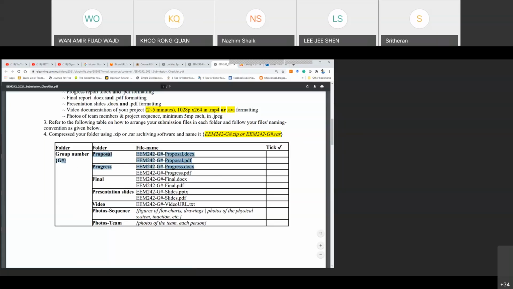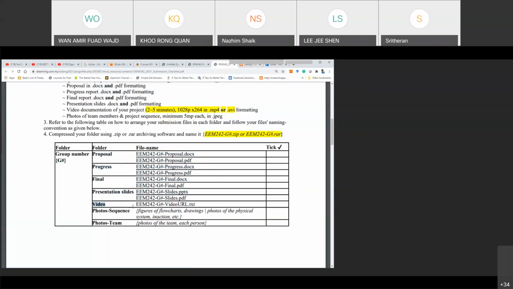And for the video, please do not archive or zip your videos. In the video folder, you name a text file EEM242 group number, and then video URL. Inside that you write your YouTube video URL.